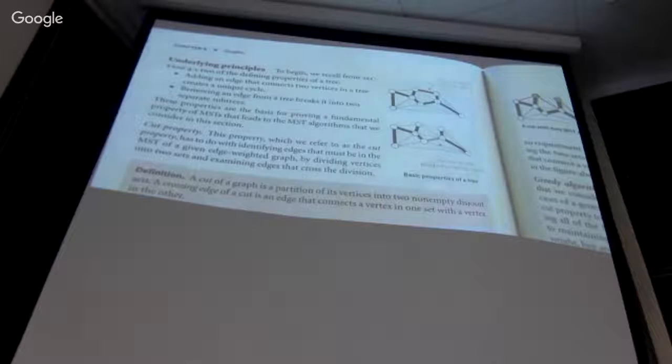Remember, you know trees, right? You did them from the first year onwards. So think about this for a second. If I add an edge that connects two vertices in a tree, so you give me a tree. There's your binary search tree. Yes? Nodes in your tree. And then you draw an edge between them.